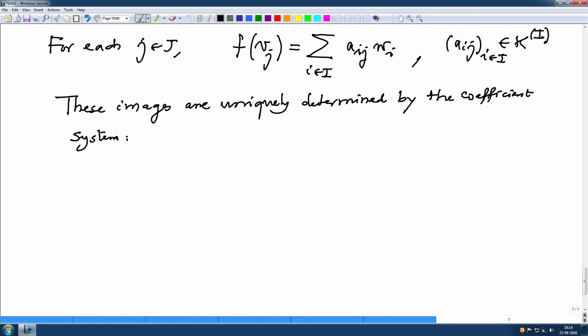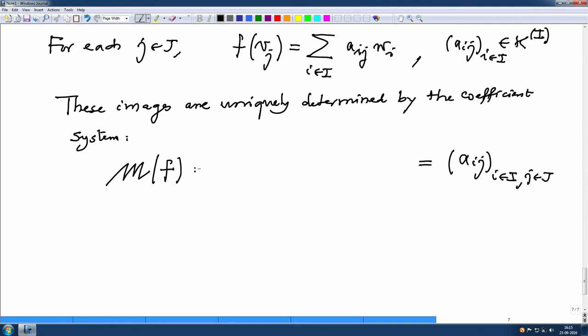That I am going to denote by M(f). But to remember, this coefficient system is a_ij. In this, i is varying in I and j is varying in J, and more actually, because these are only finitely many. If you fix j in J, there are finitely many of them non-zero.